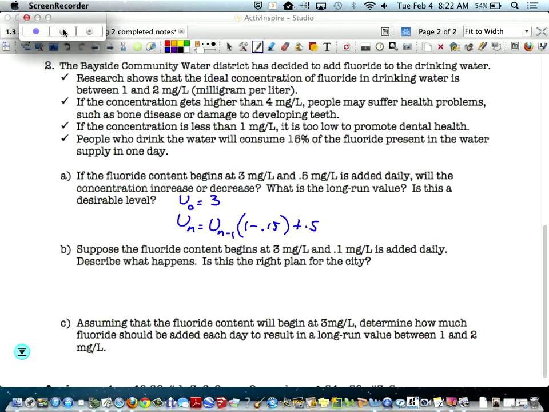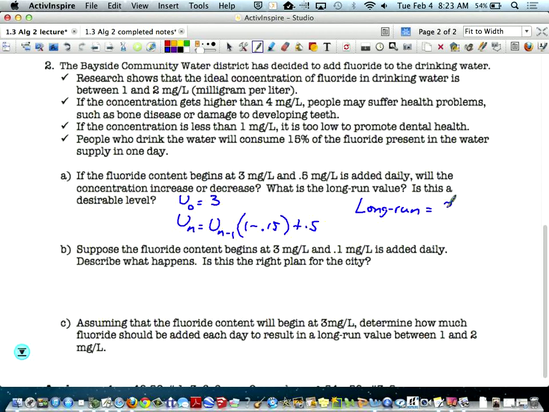So what are we getting for the long run value? What did you get for the long run value? 3.3. Yeah.